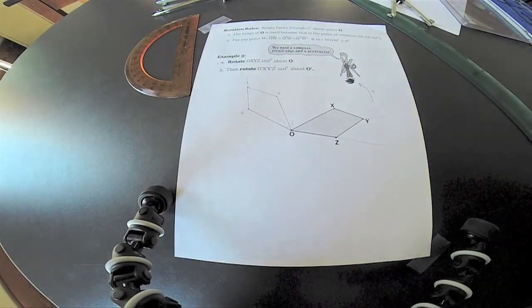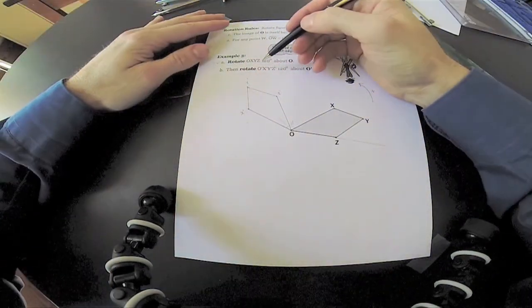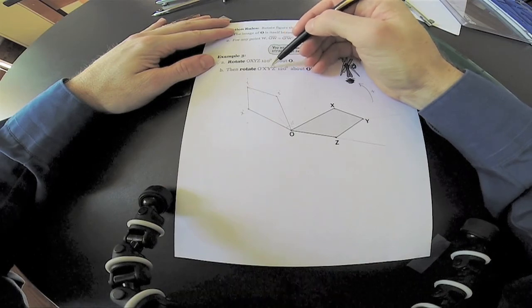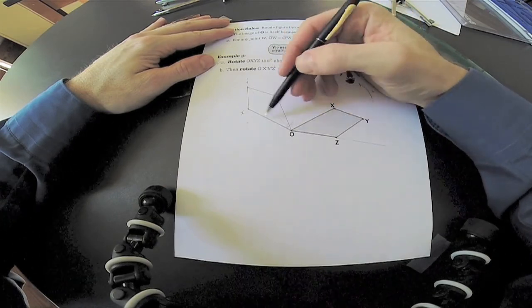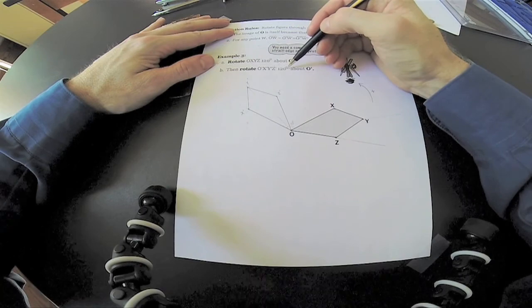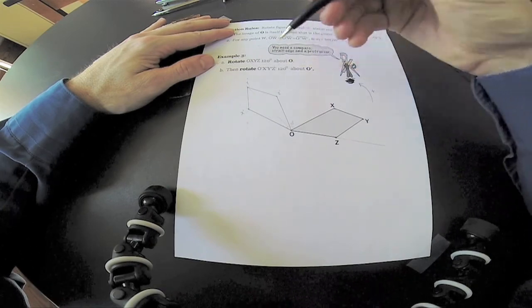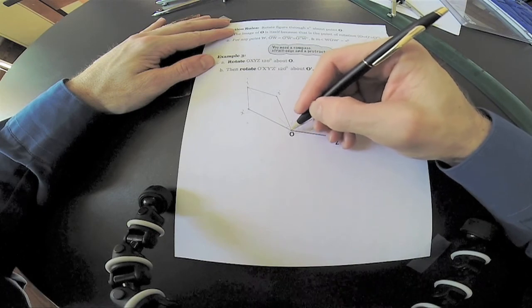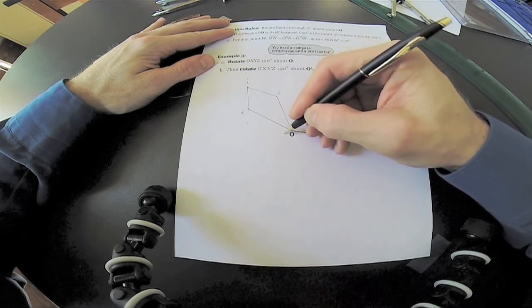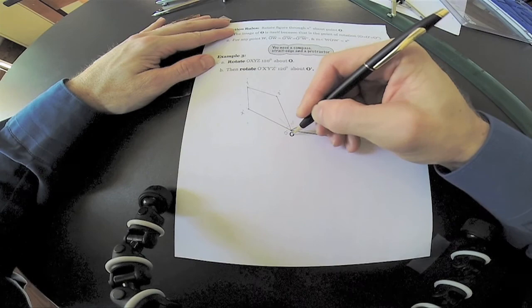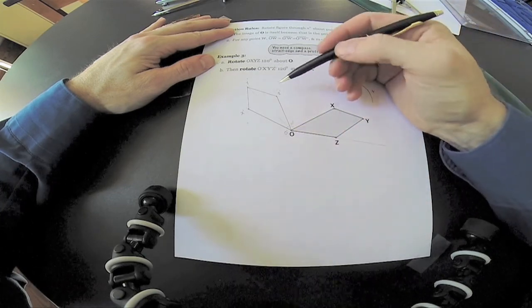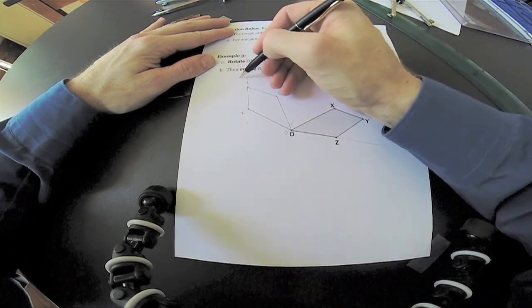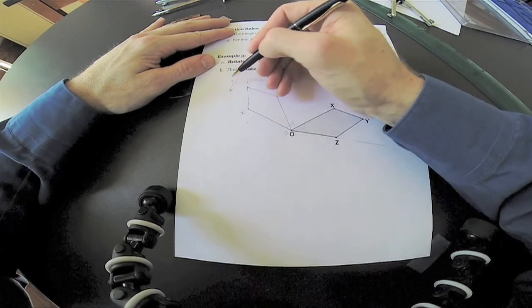So in the next part, I want to rotate O prime, X prime, Y prime, Z prime, that's this figure, 120 degrees about O prime. So this is O, and since it's rotating on itself, I can also call this O prime. It's the same point. Okay, so we're going to rotate it still in the positive direction, 120.